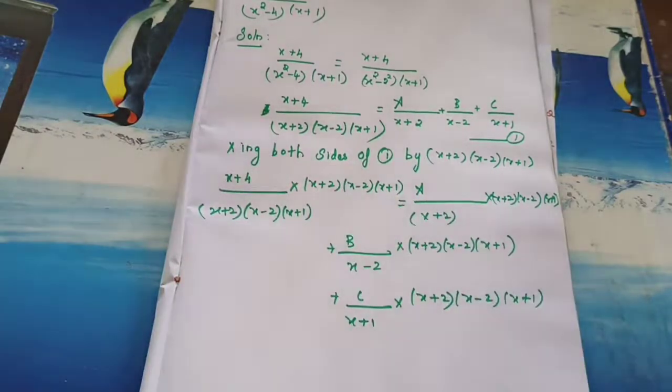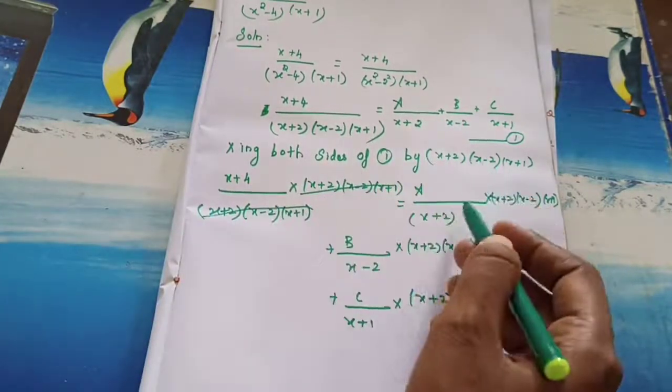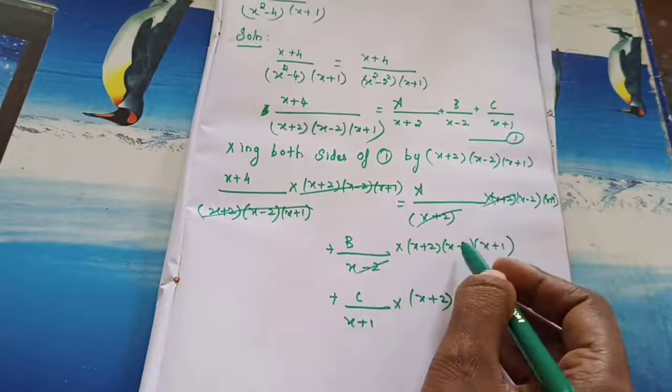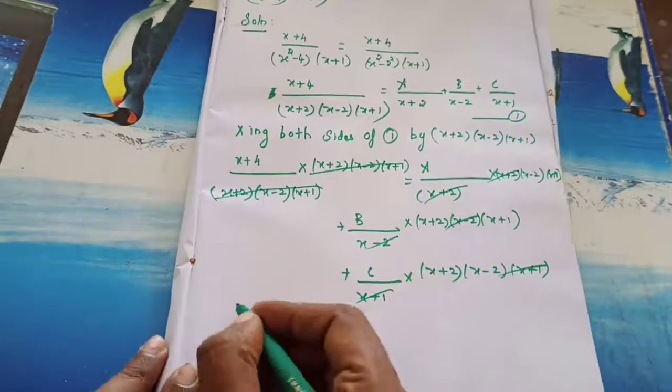Okay. Understand? So what are the terms? These 3 will get cancelled: x plus 2, x minus 2, x plus 1. So what is the balance here?